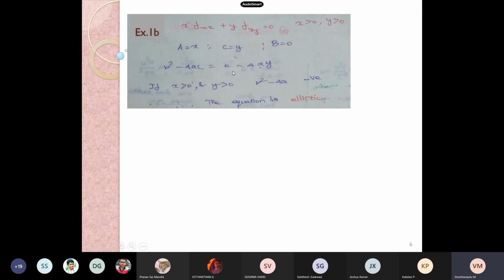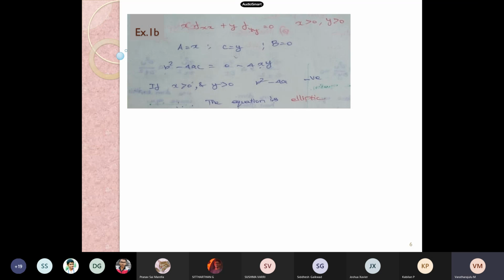So b squared minus 4ac equals 0 minus 4 into x into y. x is always a positive value, and y is also greater than 0, so there won't be any influence; this negative won't turn into positive. So b squared minus 4ac is always less than 0, and it should be categorized as an elliptic equation.